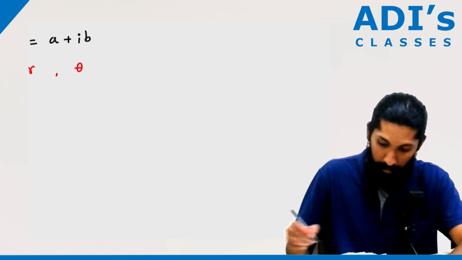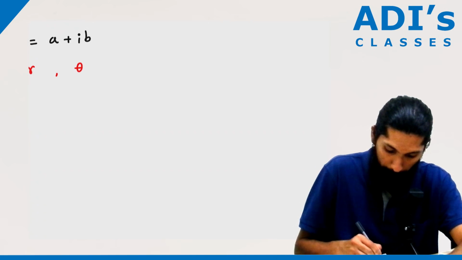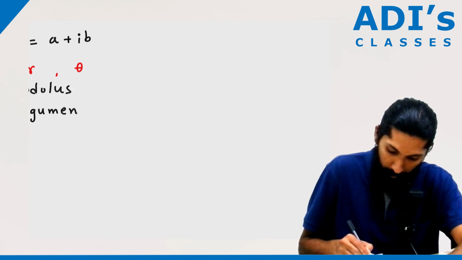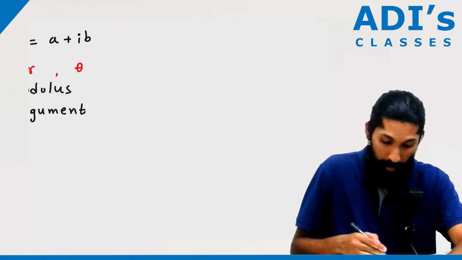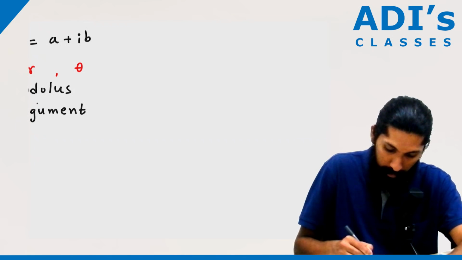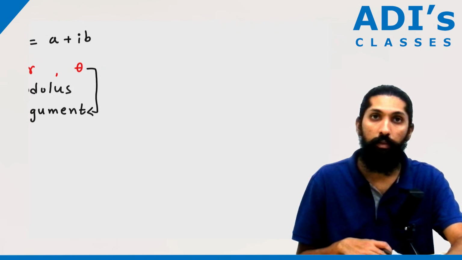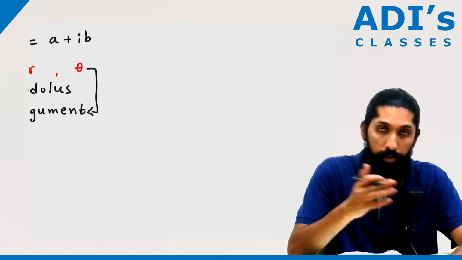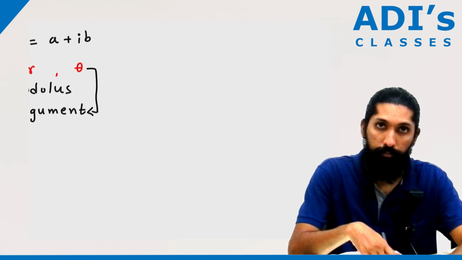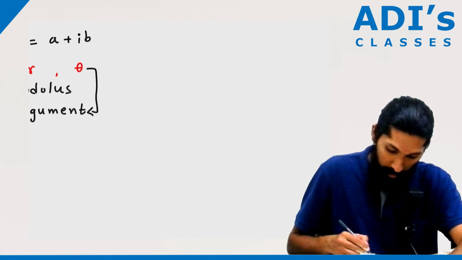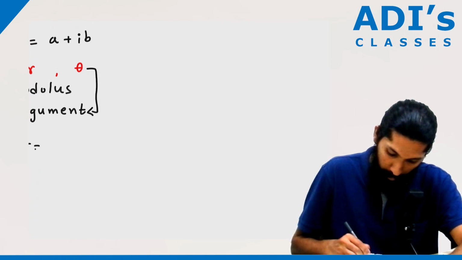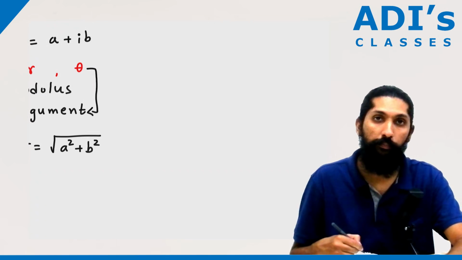So we have two things: one is modulus and one more is argument. Now modulus, all of you know, is root of a square plus b square, correct? So the r value becomes root of a square plus b square.